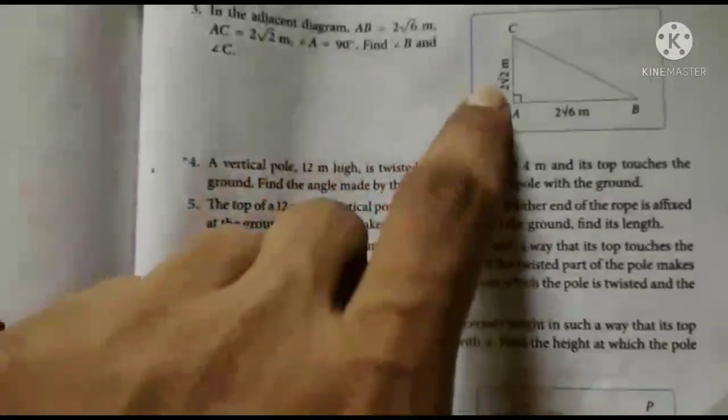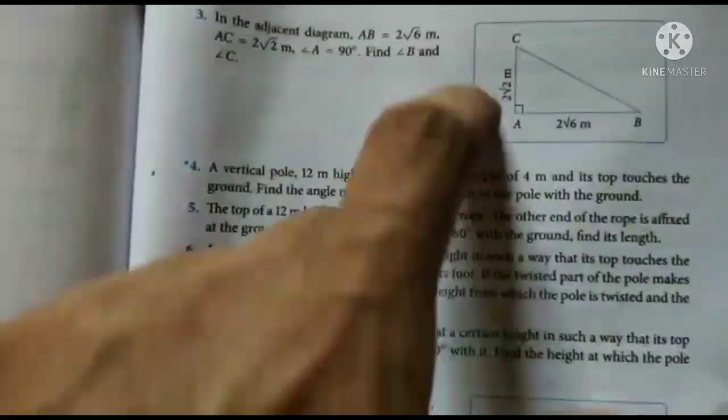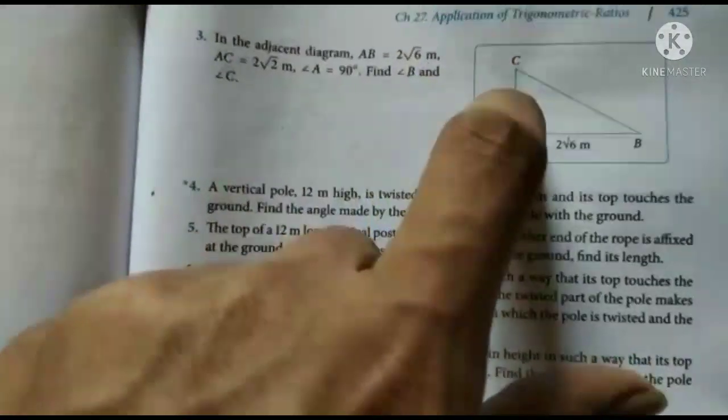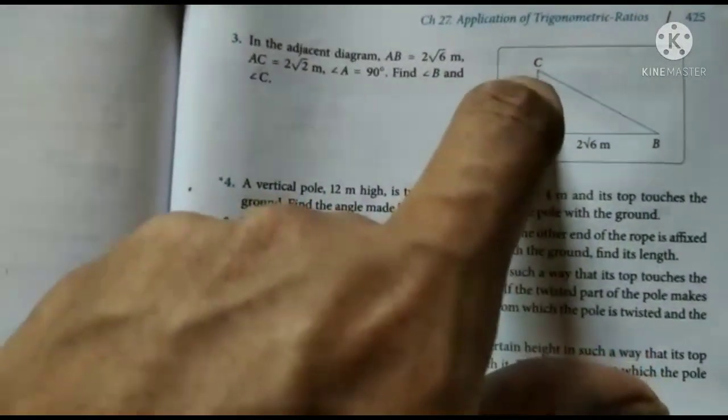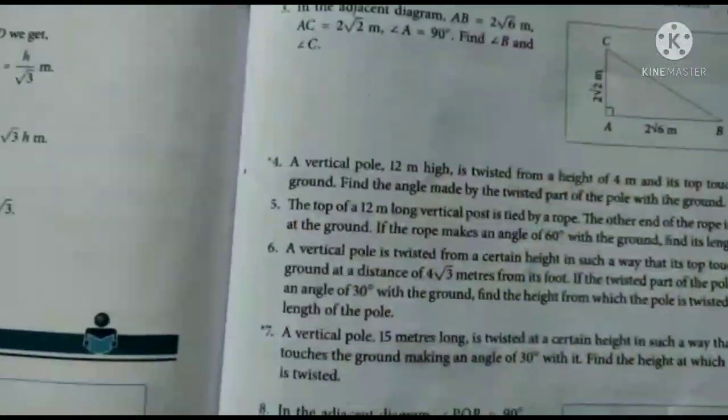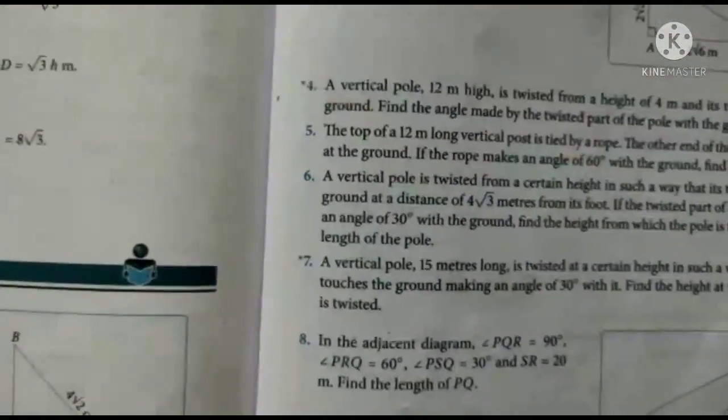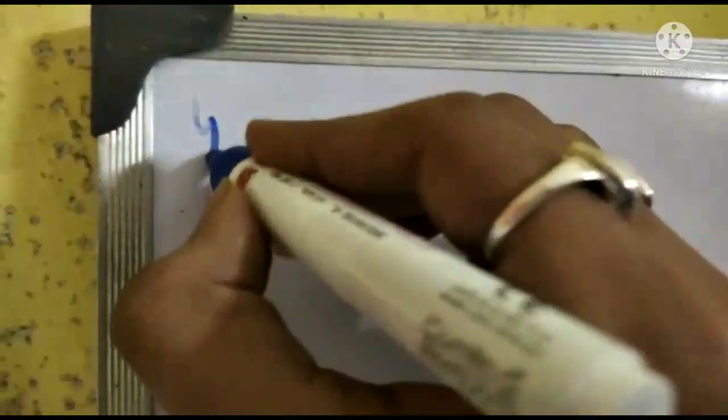So let me see this example. See, let AC be the vertical pole, and from here it is broken. I am doing it on the board, you can understand very easily. So you just see the question and see the board also. The question tells that a vertical pole 12 meter high. Read up to this first. It is question number 4.